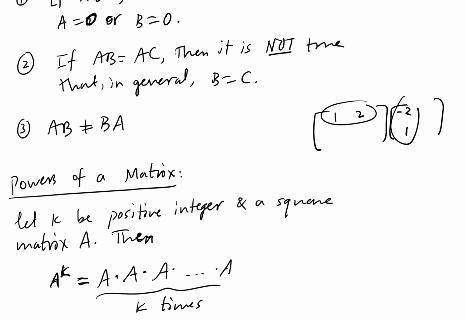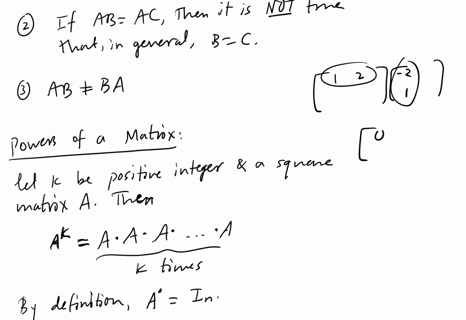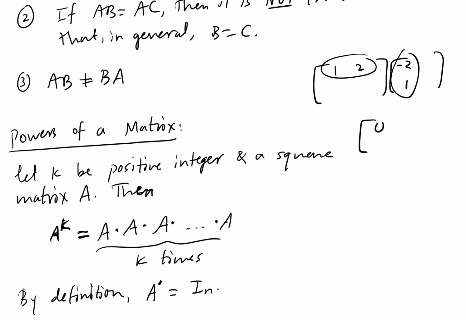If you multiply this by this, you're going to get 0 for the first entry, and you can do the same for the other ones. So A to the K means you multiply the matrix A by itself K times. By definition, A to the 0 is the identity matrix, I for identity. It's the one with ones on the main diagonal, everywhere else zeros.